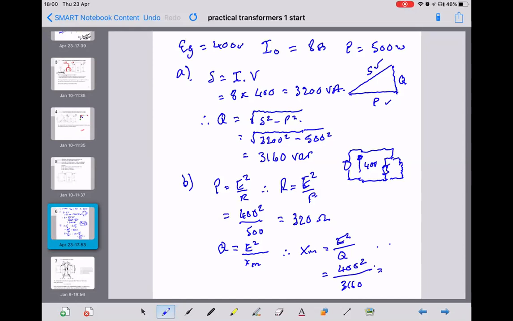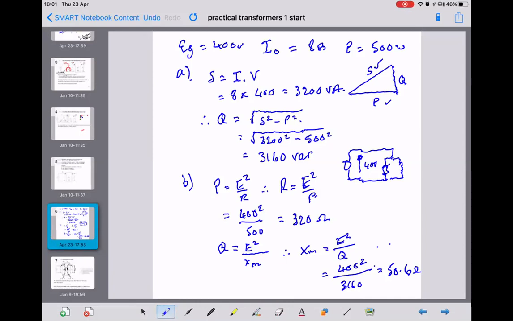So I've got 50.6329, so that would just stay as 50.6. We don't worry about 0.1 of an ohm really anyway. Okay, so that's found the value of R_M and X_M.